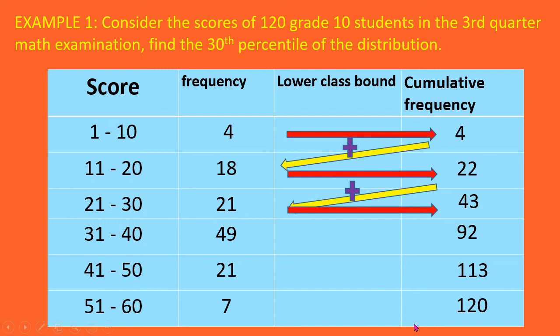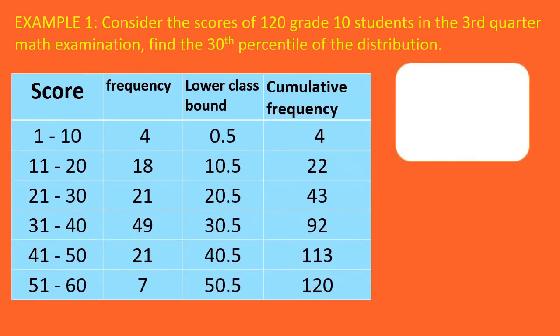Take note, the last number should be equal to the total frequency, or the number of class observations. Now we have already completed the table, so our next step is to compute for nk over 100.